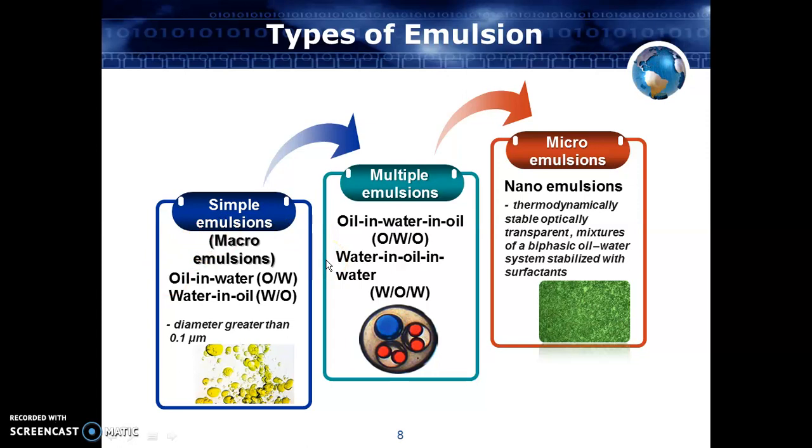In multiple emulsions, we have oil in water in oil, OWO type, and water in oil in water, WOW type of emulsion. So, these are the examples. Micro emulsions are thermodynamically stable, optically transparent mixtures of a biphasic oil water system stabilized with a surfactant.